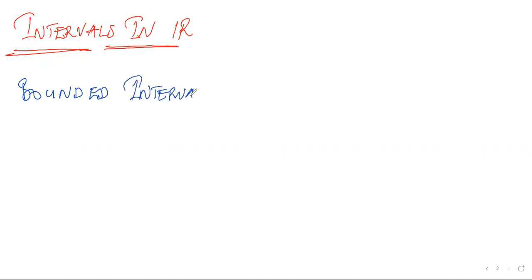Bounded intervals are those that have limits which are defined, that is, they exclude infinity and negative infinity. So I think we know them. Now I'm going to write them down in table form.